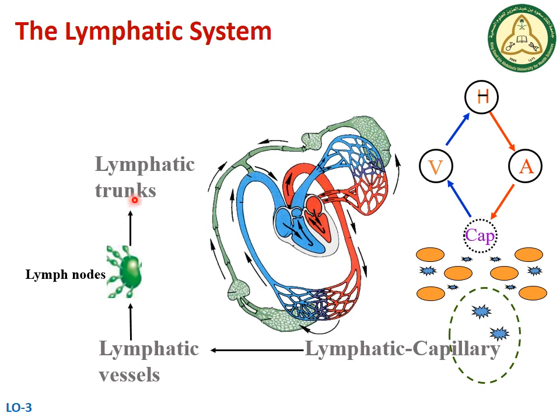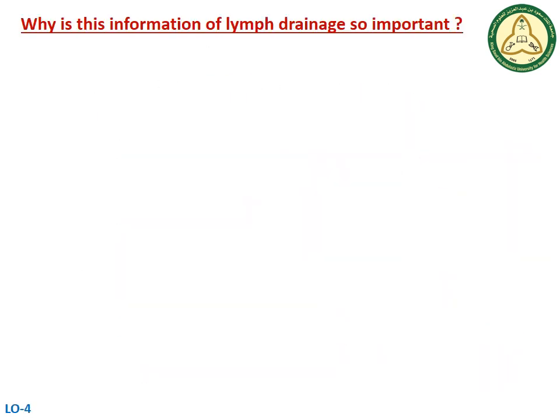The efferent ones join together to form the trunk, the trunks form the lymphatic ducts, and the lymphatic ducts ultimately drain into the veins, and that is all over. So it goes on like this.